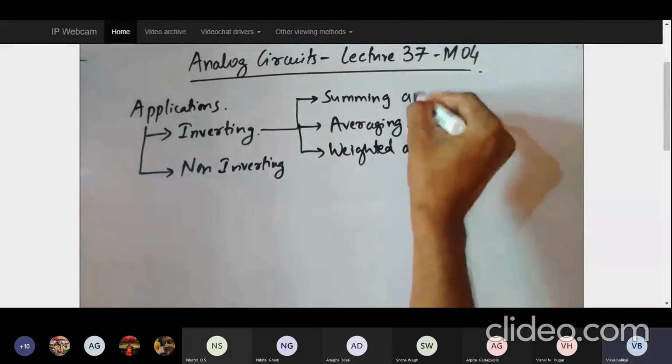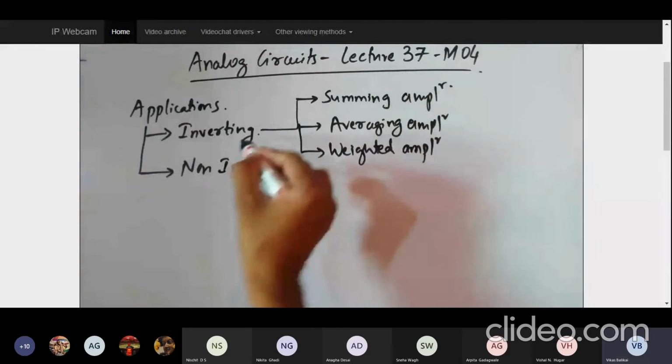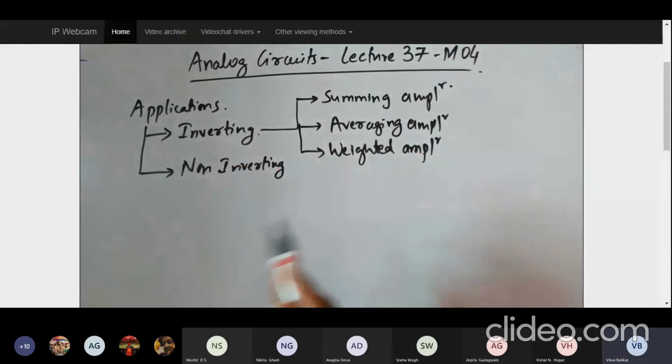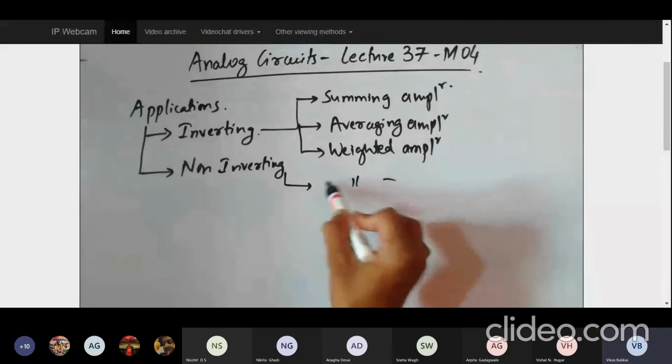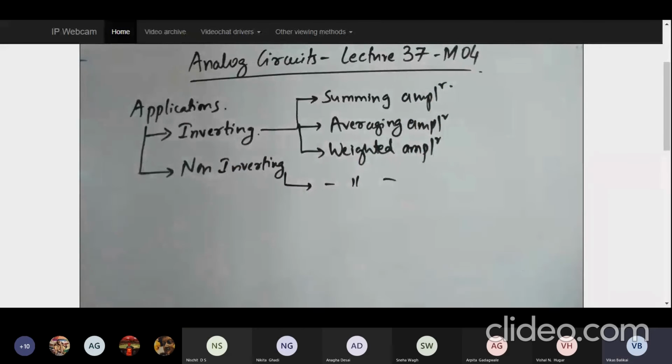So in all these applications, the configuration was inverting. Now the same applications can be applied to non-inverting configurations as well, and all these applications will remain the same with respect to the non-inverting configuration. But we'll see how exactly the difference happens when we try to draw the circuit.